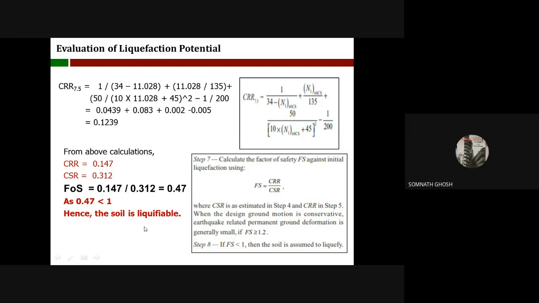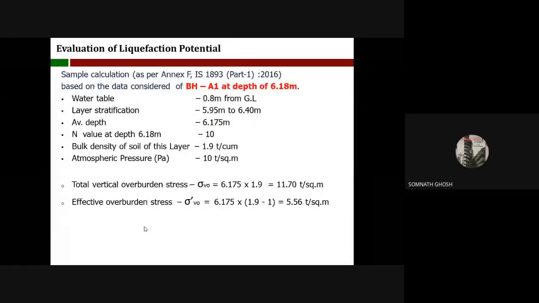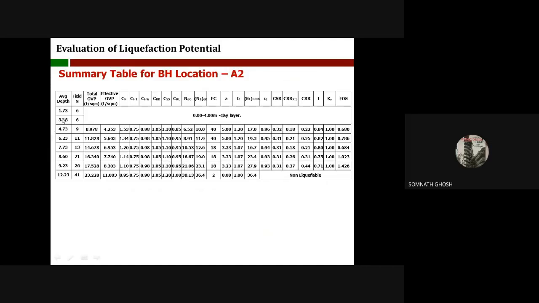Which I have already shown you. This is the table at different levels. Got my point? This is the table. Got my point?